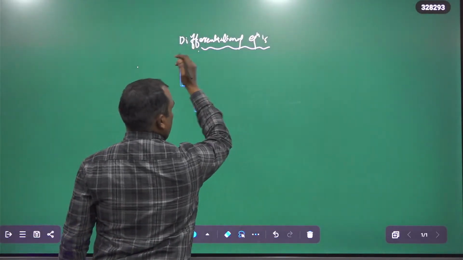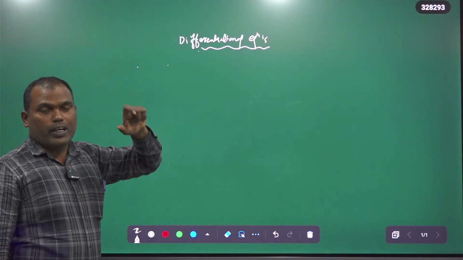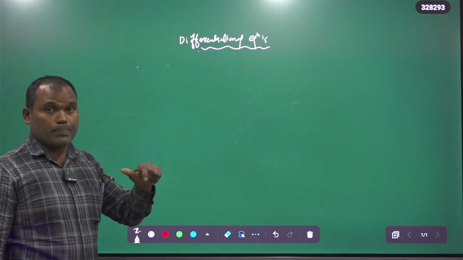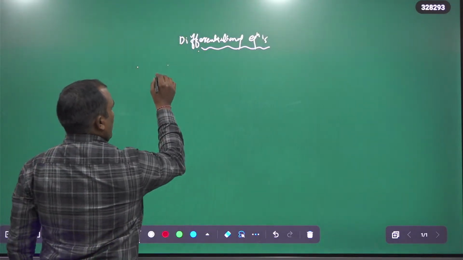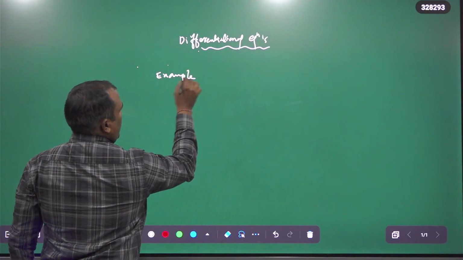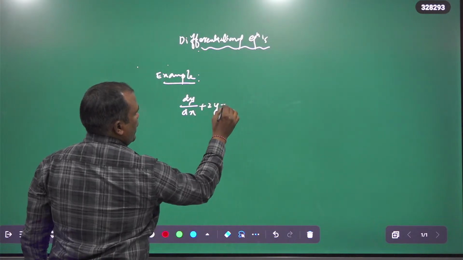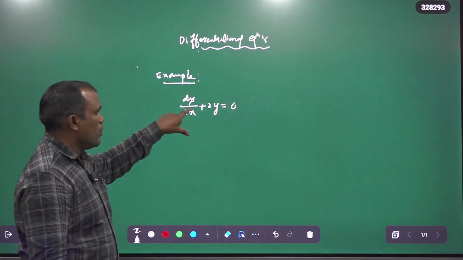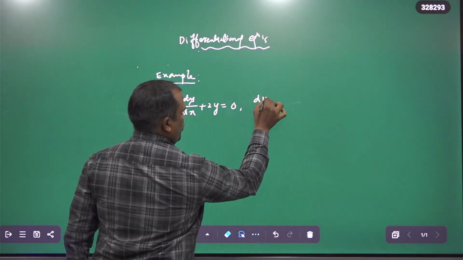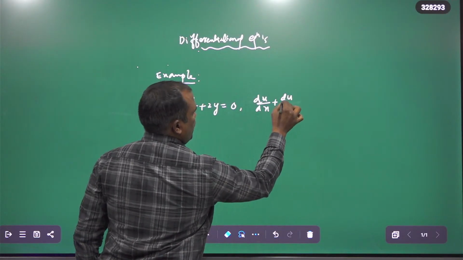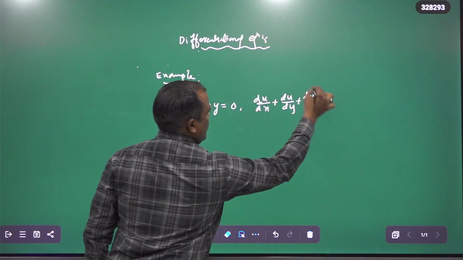So, differential equations means an equation involving one dependent variable and its derivatives with respect to one or more independent variables. For example, example 1: dy by dx plus 2y equal to 0, and du by dx plus du by dy plus du by dz equal to 0.